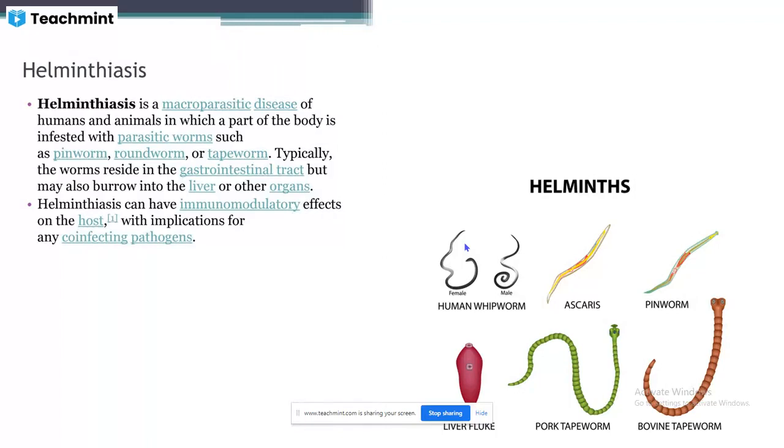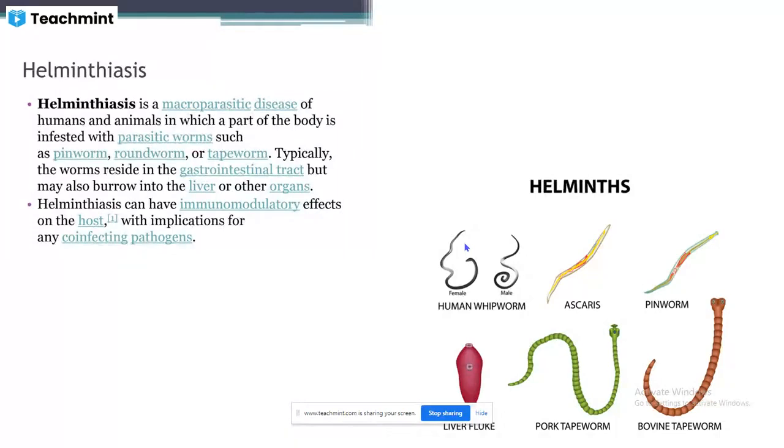Generally, these enter into the body through water. Okay, and water means the quality of water is not good. At that time these enter into the body. That's why many doctors suggest that the water should be boiled before use. If you boil the water, at that time these types of parasites will be killed.